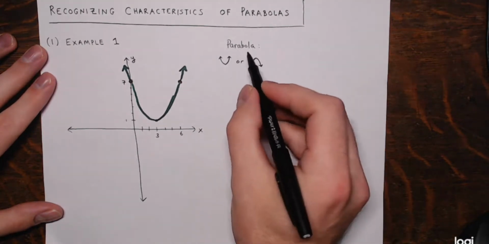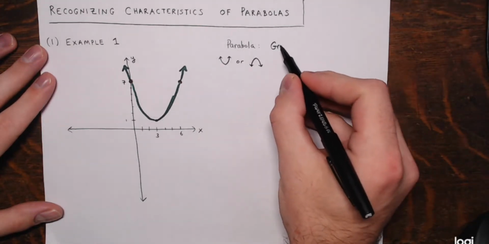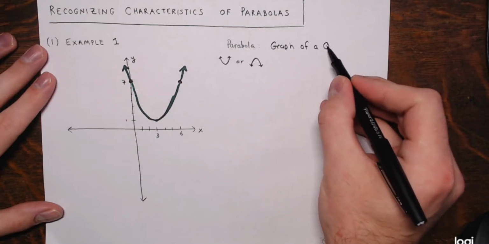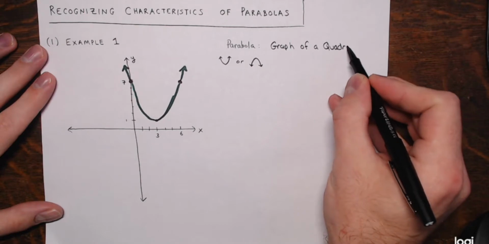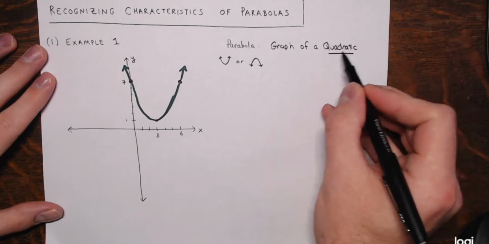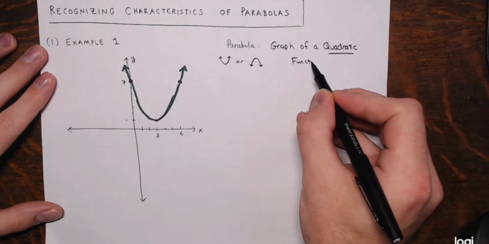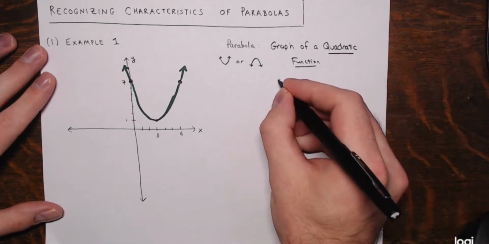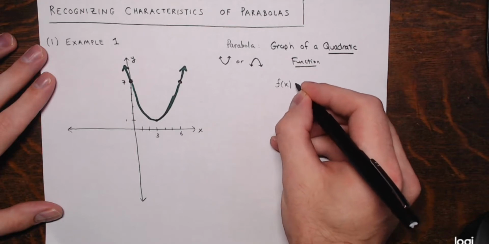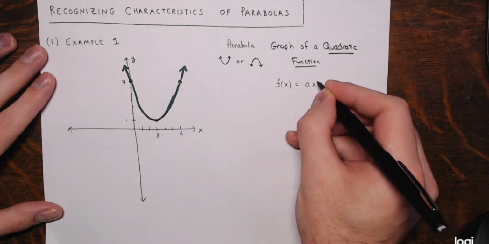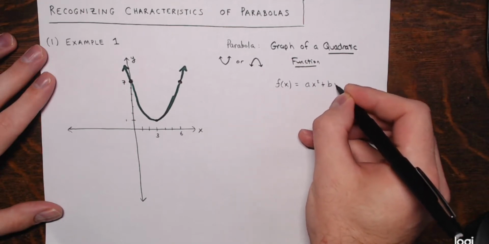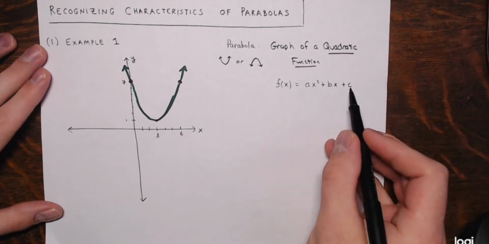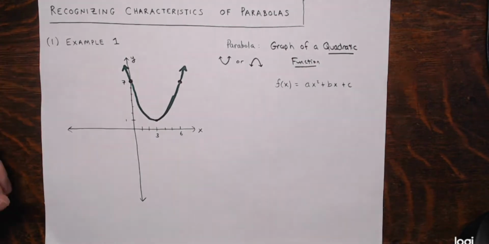And this is just the graph of a quadratic function. Now the general form of a quadratic function is f of x equals a times x squared plus b times x plus c, where a, b, and c are real numbers.